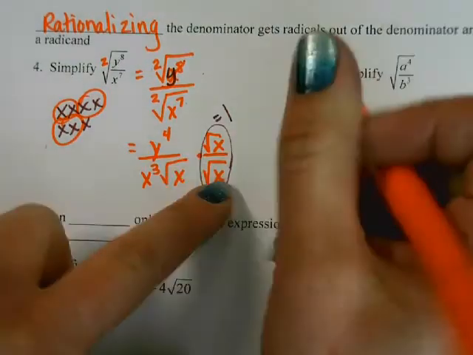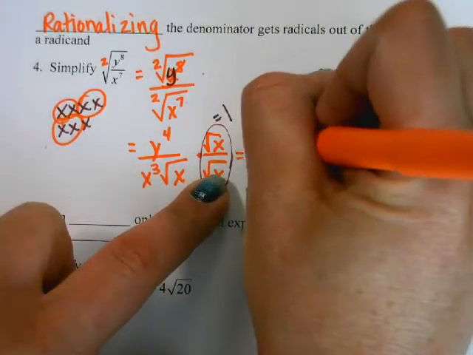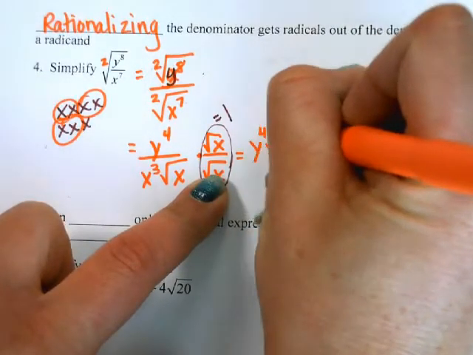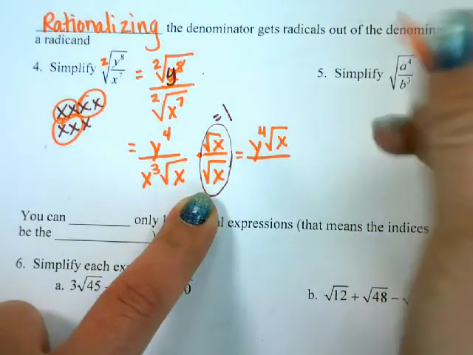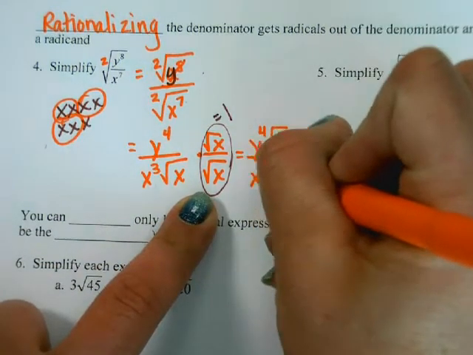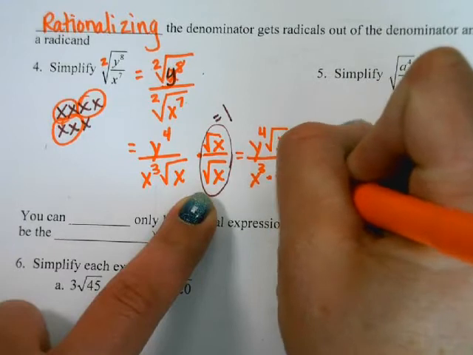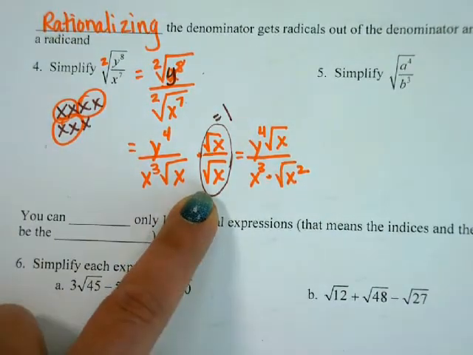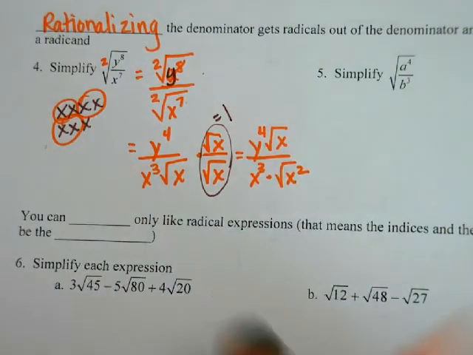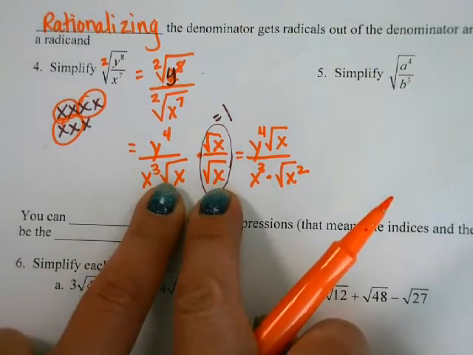Okay, so watch what happens. I have y to the 4th square root of x divided by x cubed times the square root of x squared. I switched those two guys together under one radical.